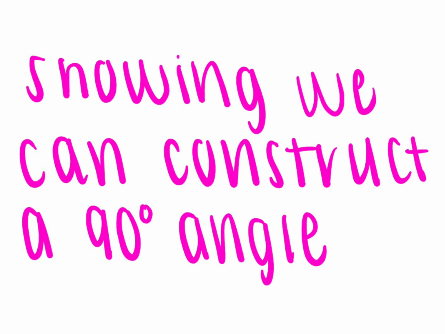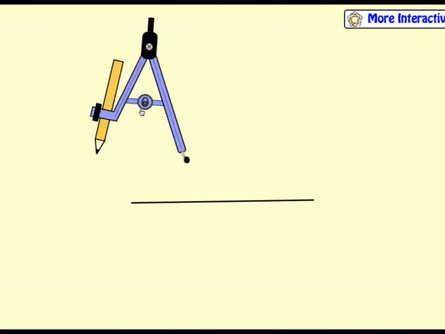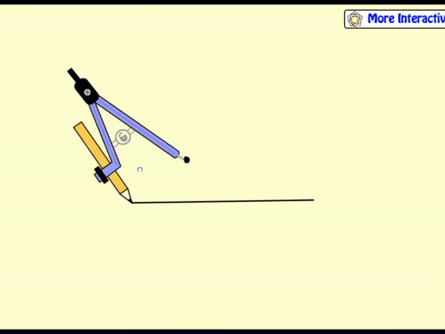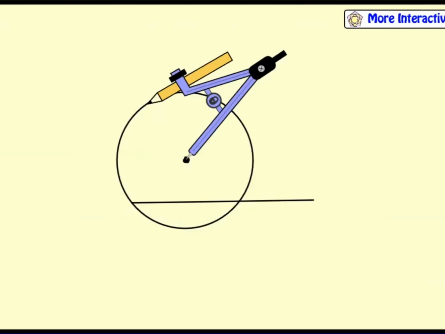Now we're going to be showing how we can construct a 90-degree angle. So we first start off drawing a straight line using the straight edge, then creating some sort of point directly above that straight line. Then going in with our compass, we place one end on that point we created and the other on the end of the line segment, creating a circle with the center being that point.